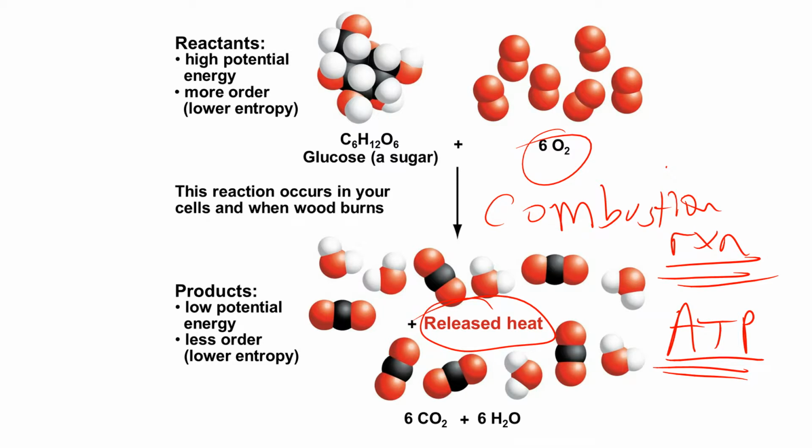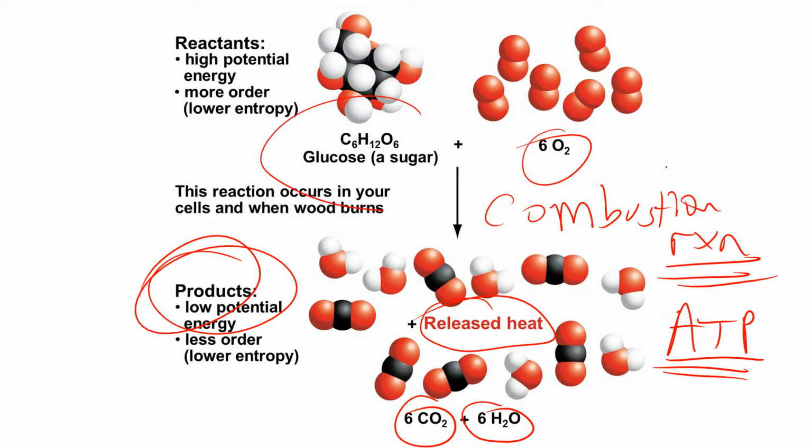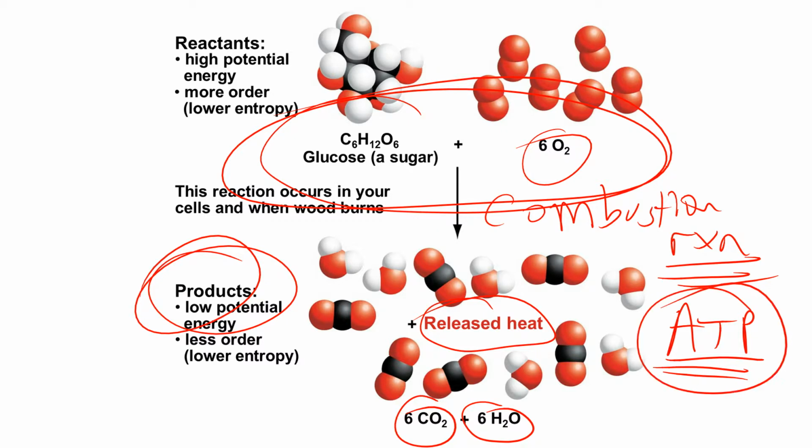But note that your products, your water and your CO2, have a lower amount of potential energy than your initial reactants. So there's an exchange, a release of energy. That energy is captured, used by the cell to make ATP, and then a good bit of it is actually lost in the form of heat.